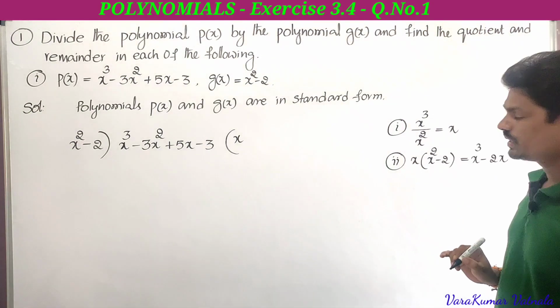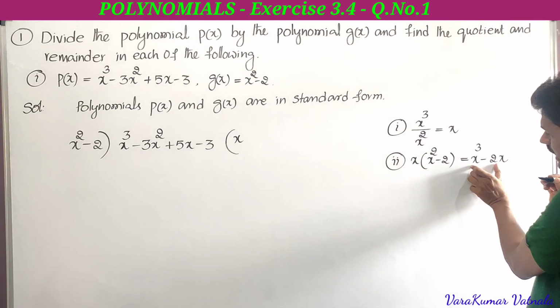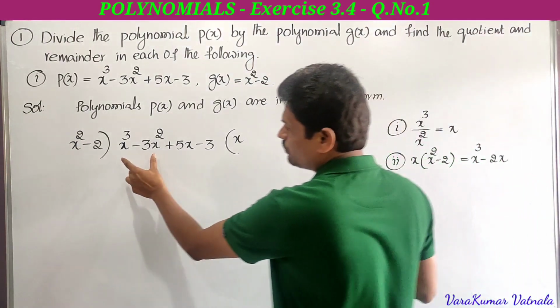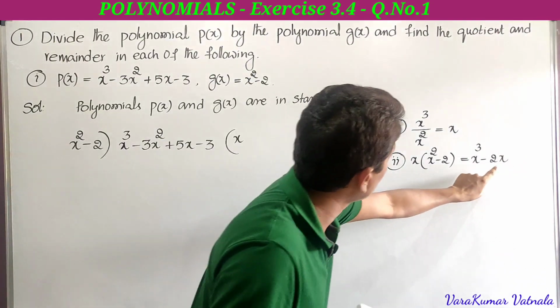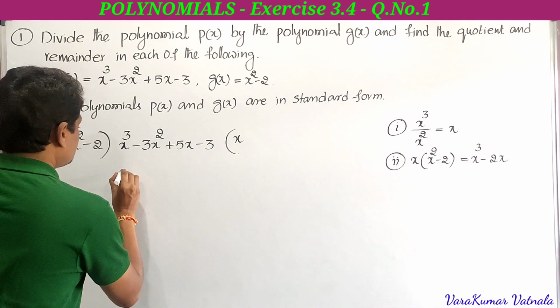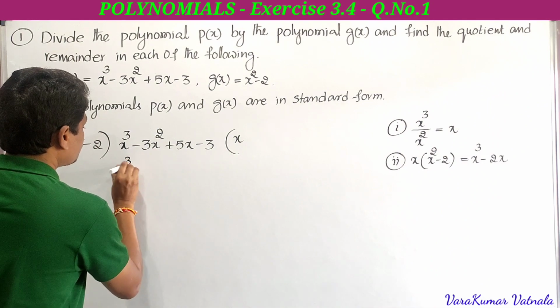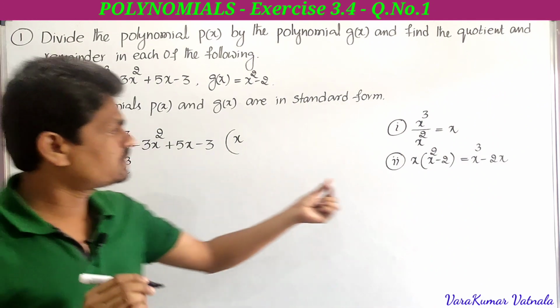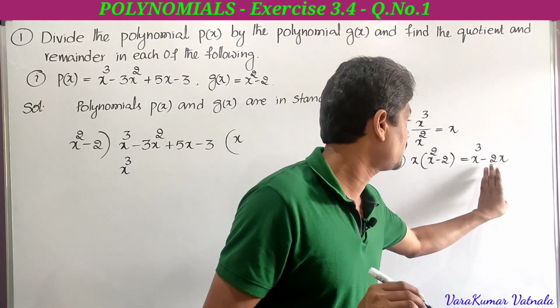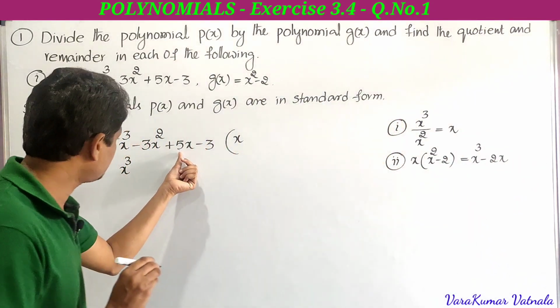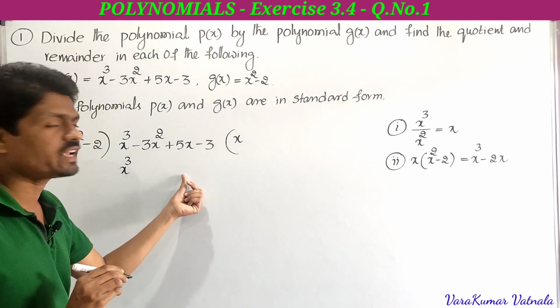So very important. Now we have to write this result below the dividend. So here what is there? X cube minus 2x. First write x cube. But here the x square term is there in the dividend, and there is no x square term in this result. You have to concentrate here. Write this minus 2x below the x term.